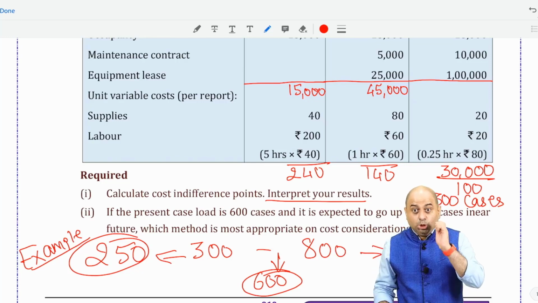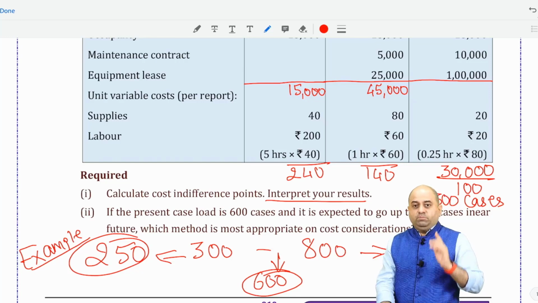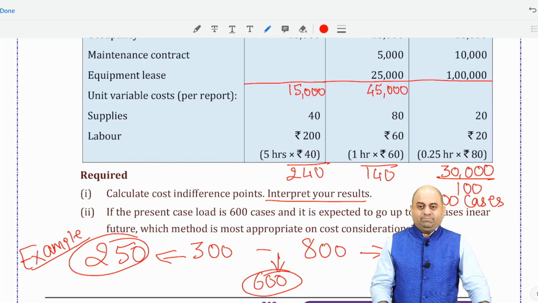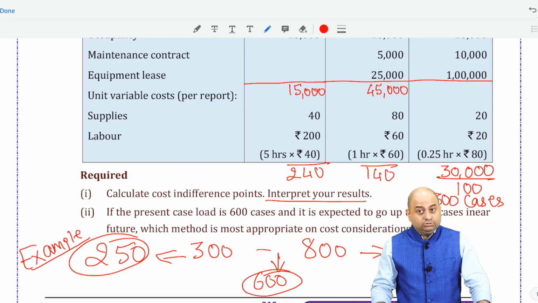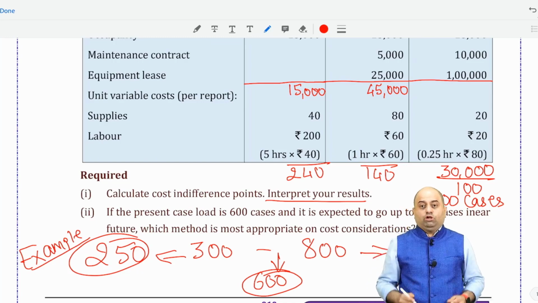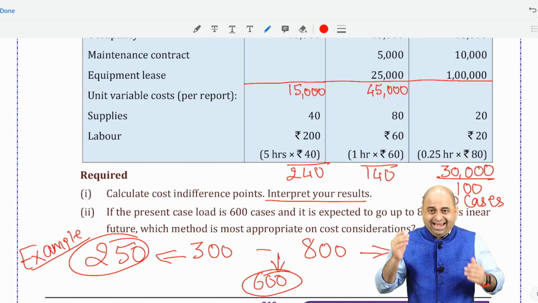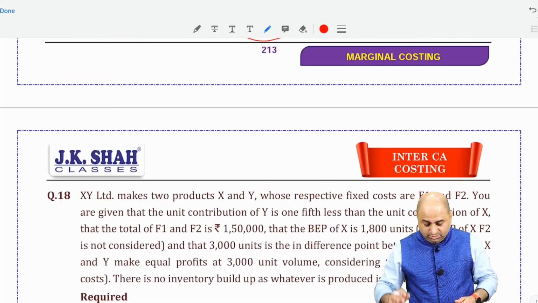And that, my dear friends, will be the interpretation of this particular question. Take the examples, that's the best way to solve. In the second part, when you say 600 and 850, these examples already cover that point. So that's the best way to solve the interpretation and the second required part as well.